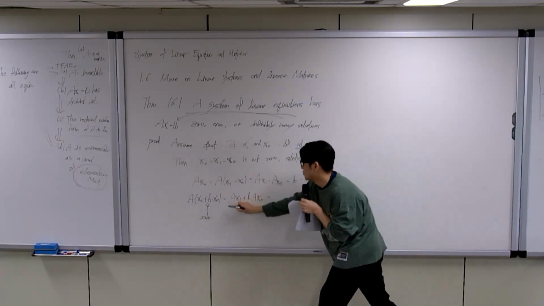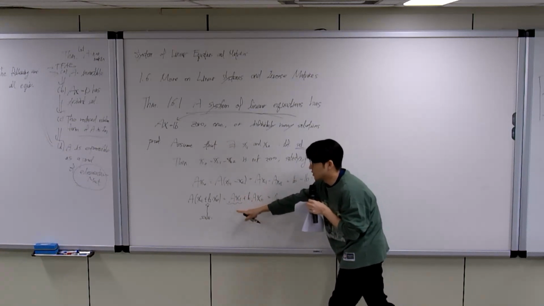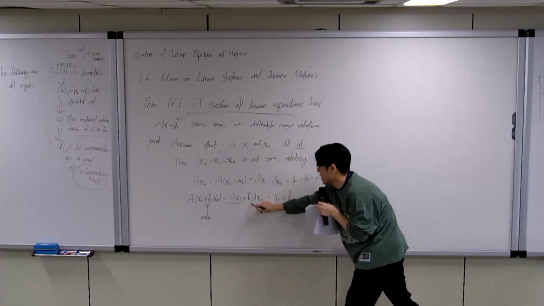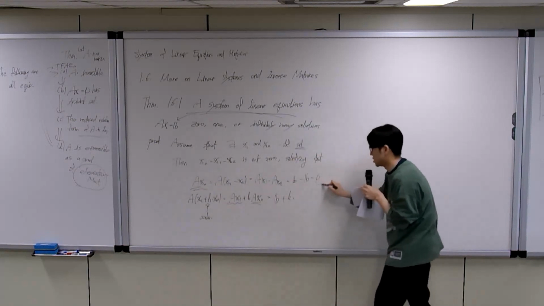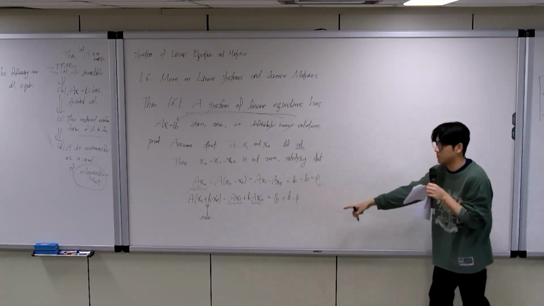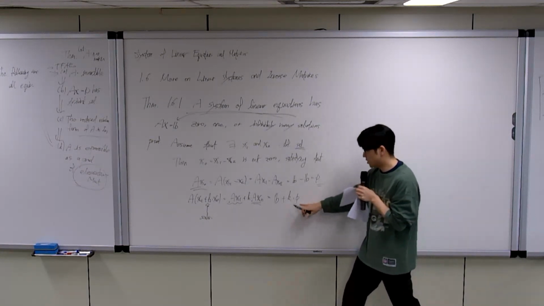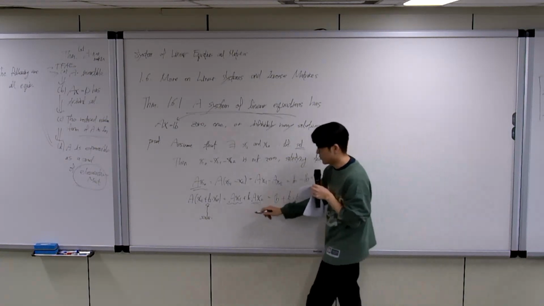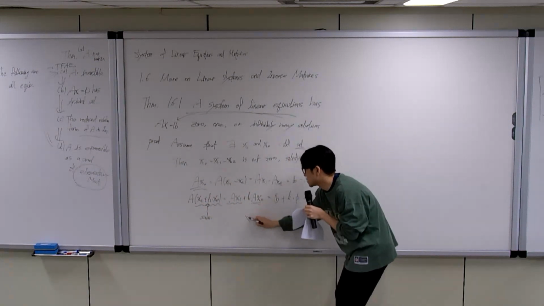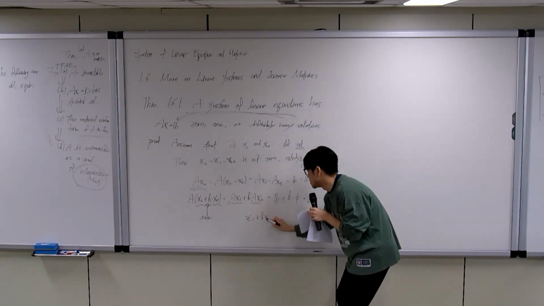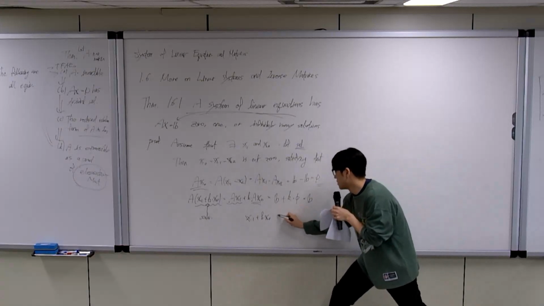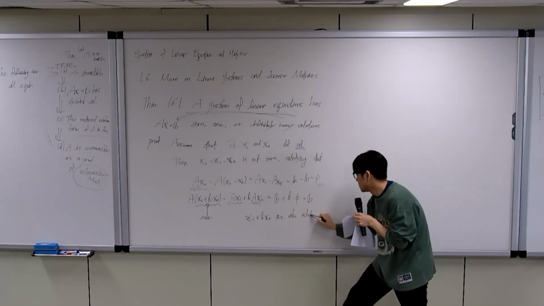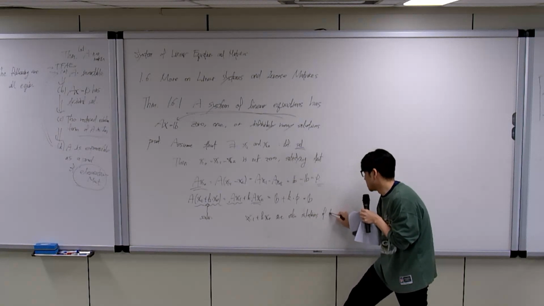X1 was a solution, so it gives vector b, and A x0 we calculated is 0, so 0 multiplied by k is 0, so it gives b. This means x1 plus k x0 is also a solution of the linear system.